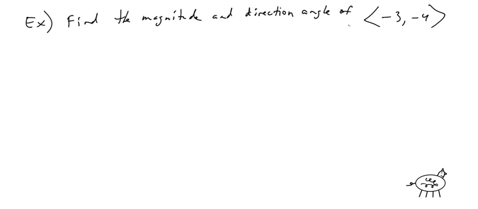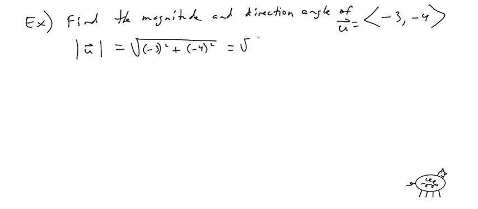Let's say this is our vector, so u is -3, -4. First, we find the magnitude of u, which is the square root of -3 squared plus -4 squared. That's equal to the square root of 25, which is 5. So that's the magnitude. Pretty easy.